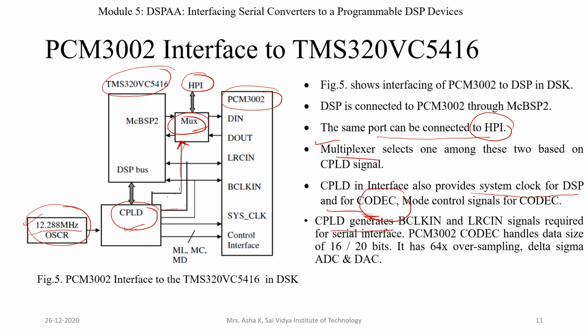CPLD also generates bit clock input and frame synchronization signals for left and right channel input signals required for the serial interface, and the particular codec PCM3002 handles data sizes of either 16-bit or 20-bit, and here it has a 64x oversampling delta sigma analog to digital and digital to analog converters.